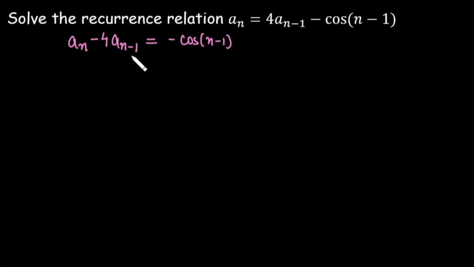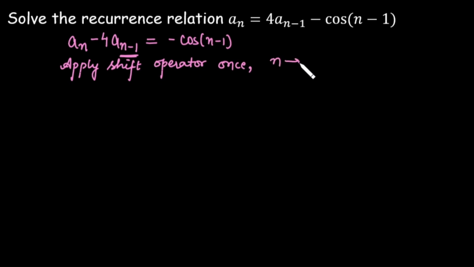Now we need to check whether the index is negative in this case. Yes. So if this index is negative, we will use the shift operator. So in this case, we are going to apply the shift operator once. It means your n index is changed to n plus 1.